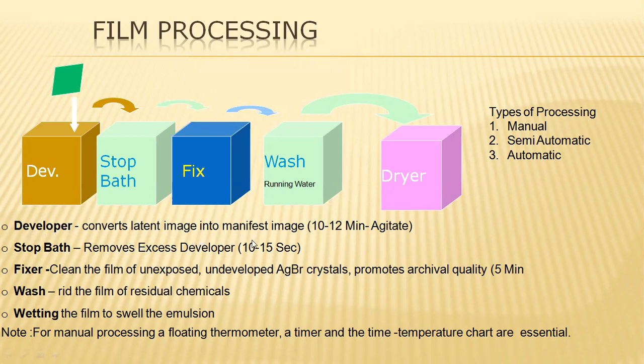It converts the latent image into a manifest image. It is an orientation or sequential process of getting the impregnations on the films, and this generally progresses in the medical point of view also, X-rays. So this developer converts the latent image in about 10 to 12 minutes, and the stop bath removes the excess developer and makes it ready for the fixation.